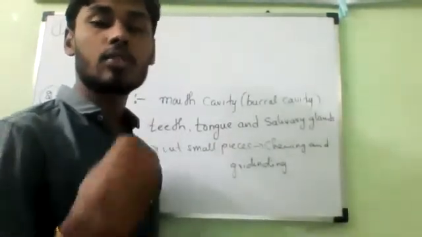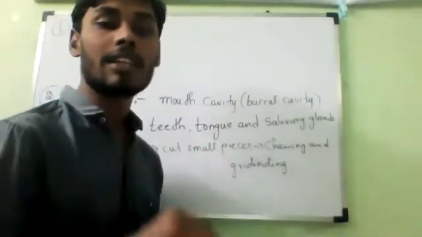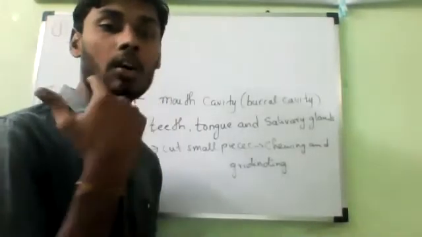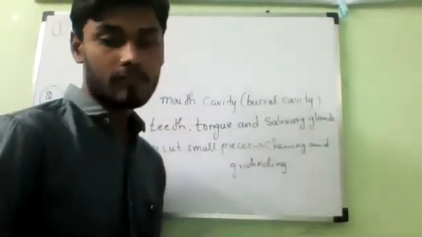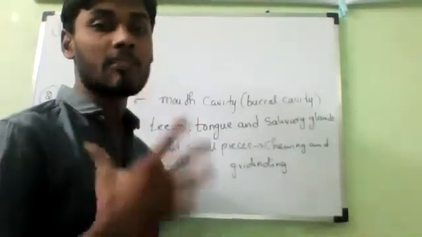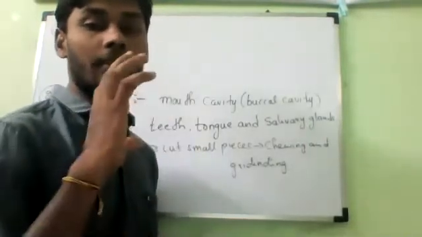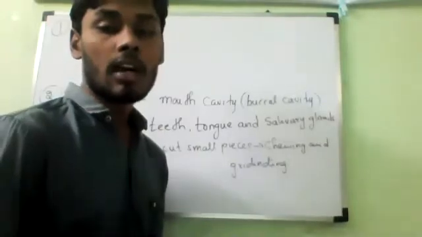In our digestive system also, what is the use of the salivary glands? The salivary glands present in our mouth will produce saliva. This saliva will be mixed with the food with the help of the tongue.